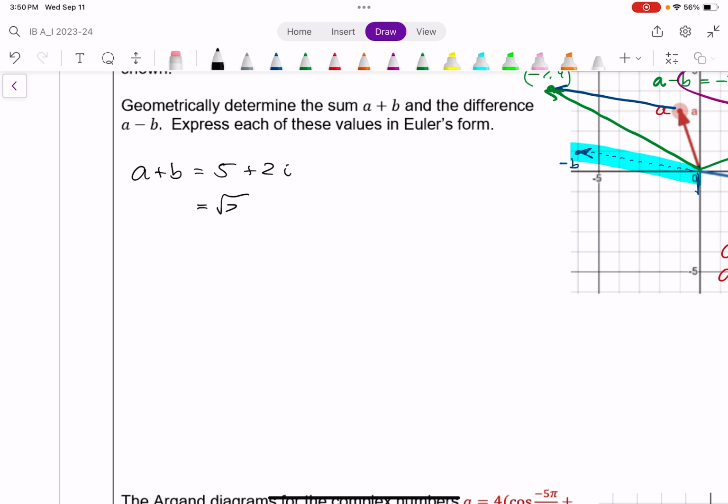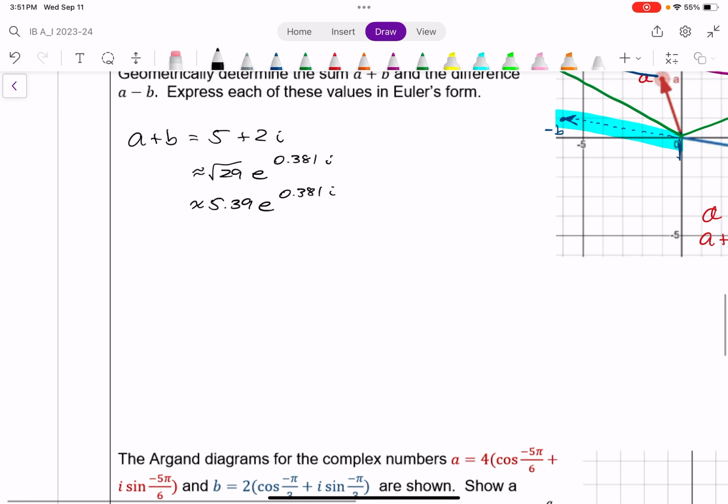You get root 29 for the absolute value times e to the angle in radians of 0.381 times i, or if you just decimalize everything, and quite often we are okay with just 3 significant figures, I get about 5.39 times e to the 0.381i.